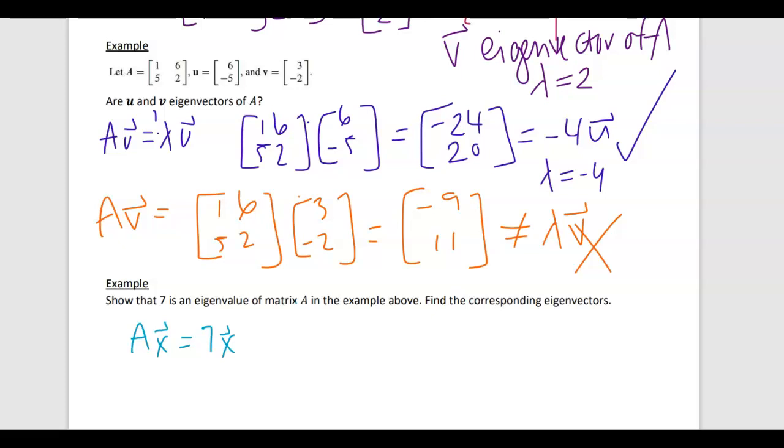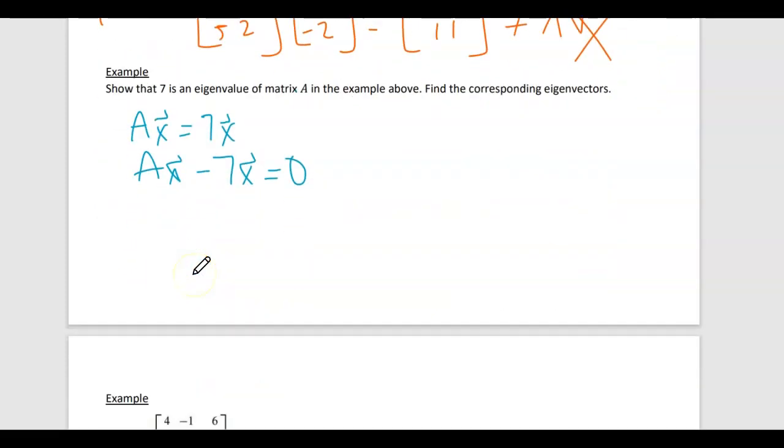Now, this is going to be true only if we have a non-trivial solution. So if that's the case, then A times x minus 7 times x must give me 0.